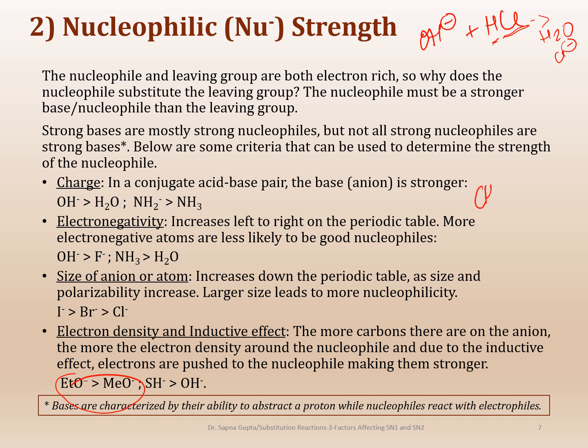So CH3CH2O minus, and then CH3O minus. So the O minus is the same, right? So all you're seeing here is a difference in number of carbons for both of these. In the case of ethoxide, where you have 2 carbons, now more electrons are able to go towards oxygen to make it more electron rich. In the methoxide, you only have that 1 carbon that is supporting the oxide.